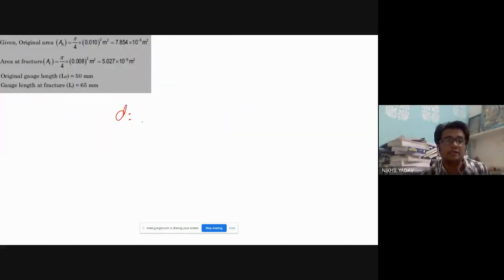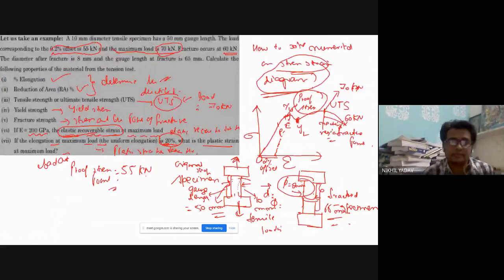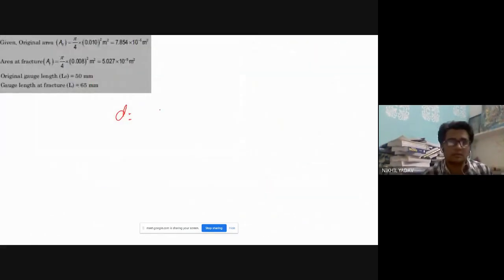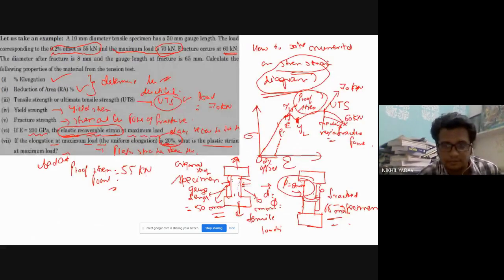So now we see in the next slide that we have been given the diameter. D is what? It's 50 mm, right? Pi by 4 into d square, right? And the area at fracture is this one, 8 mm, right?